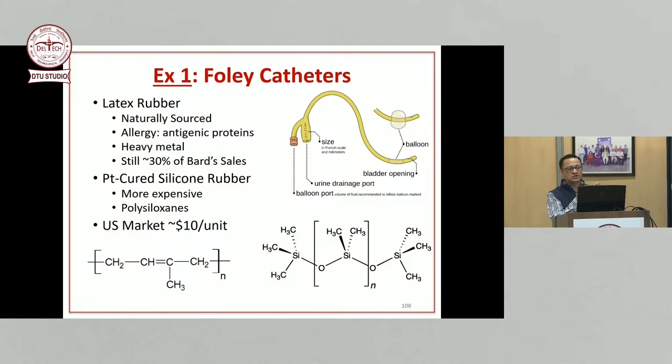So they insert the catheter, and then through the balloon port, they inject saline that goes in that balloon and inflates it, so the catheter does not come out from the bladder. It just stays there. Technology is so cool, but at the same time, you can imagine how painful the whole thing can be.